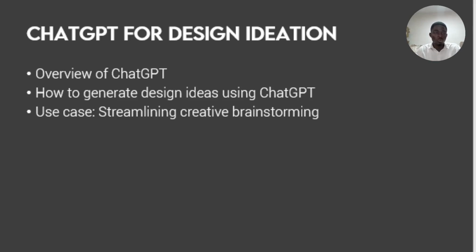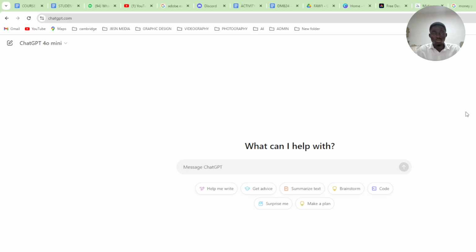Okay, so how to generate design ideas using ChatGPT? We'll look at streamlining creative brainstorming. So I can go to ChatGPT and say that I want to create something.